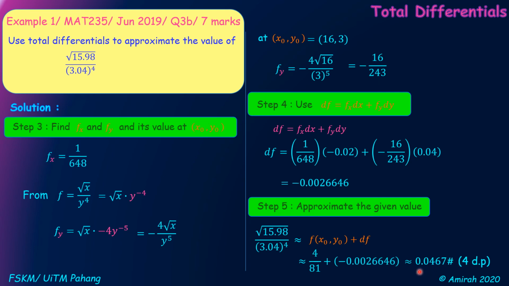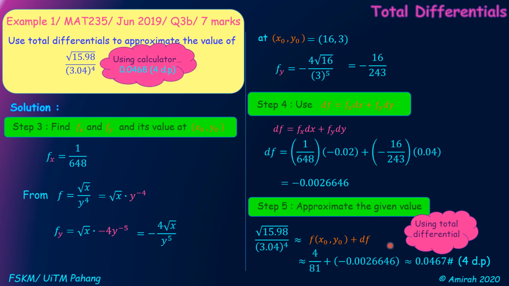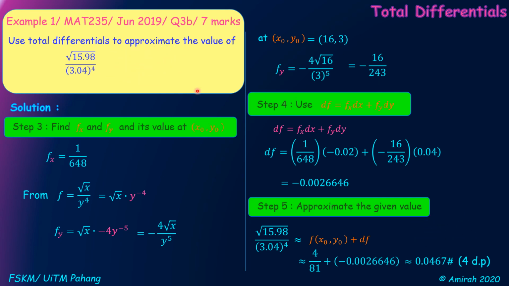Okay, so this is the answer when we approximate square root of 15.98 over 3.04 to the power of 4 using total differential. Okay, we can check the answer. We can use a calculator, straightforward. After we use the calculator, we get 0.0468 up to 4 decimal places.